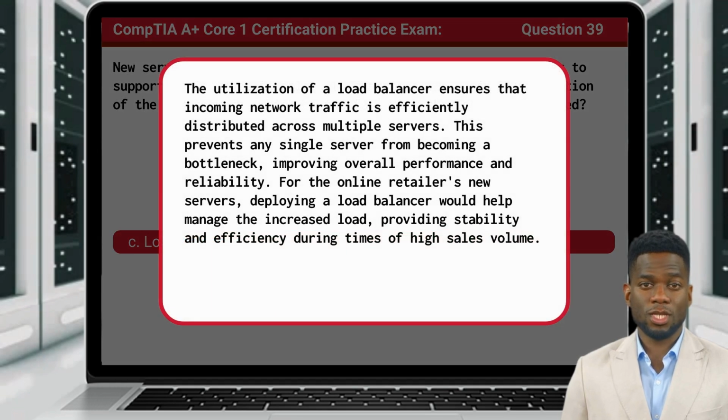The utilization of a load balancer ensures that incoming network traffic is efficiently distributed across multiple servers. This prevents any single server from becoming a bottleneck, improving overall performance and reliability. For the online retailer's new servers, deploying a load balancer would help manage the increased load, providing stability and efficiency during times of high sales volume.